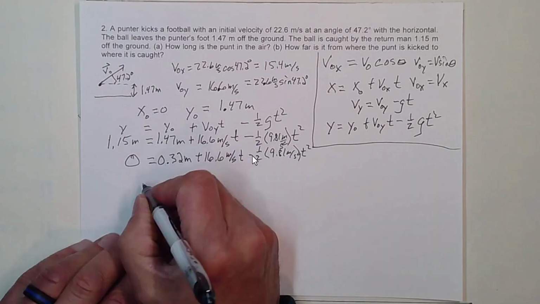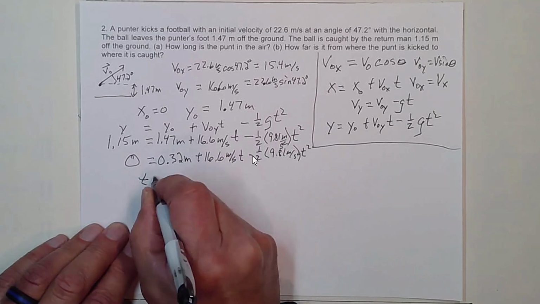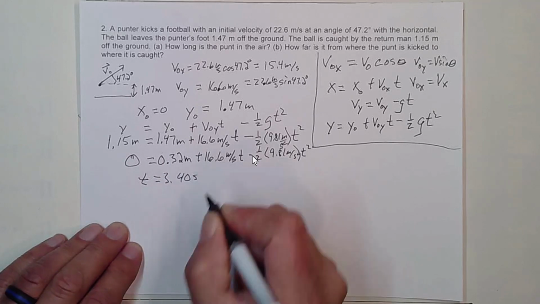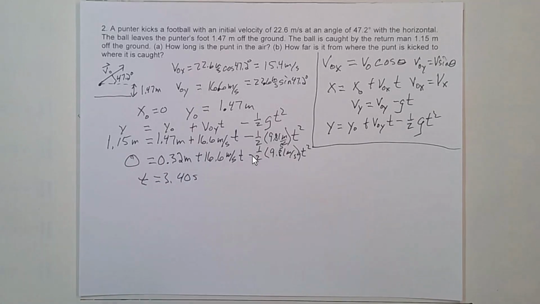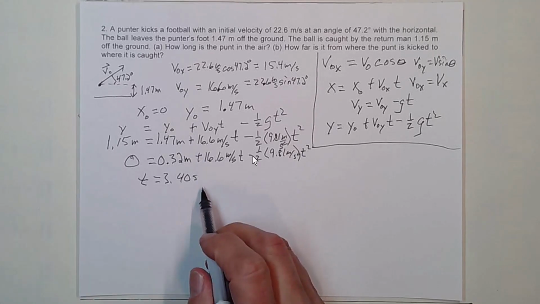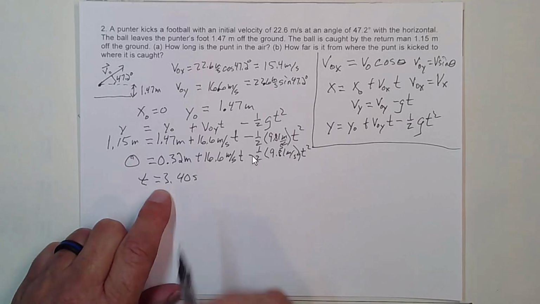So the time that we care about is 3.40 seconds. That's how long it's in the air before it's caught by the return man. I don't think that's a very long hang time for a punt. The guy would have enough time to start a good return with a hang time of that long.